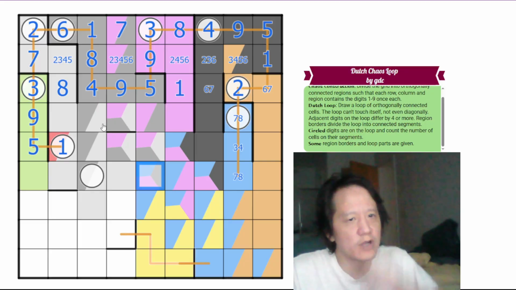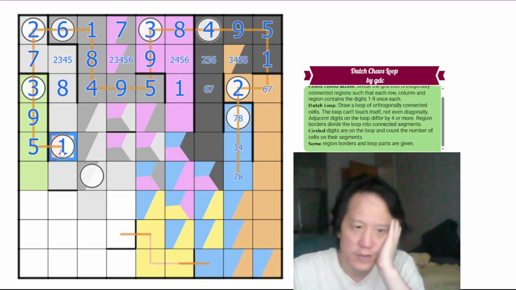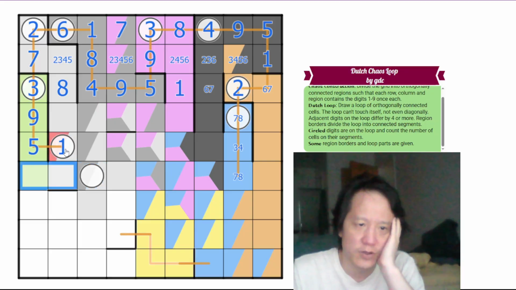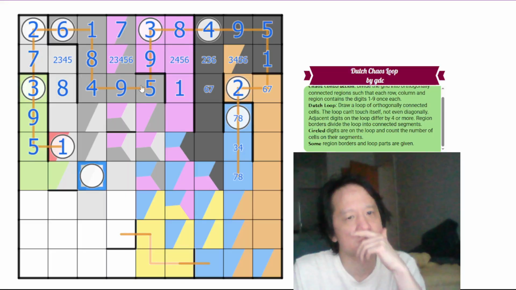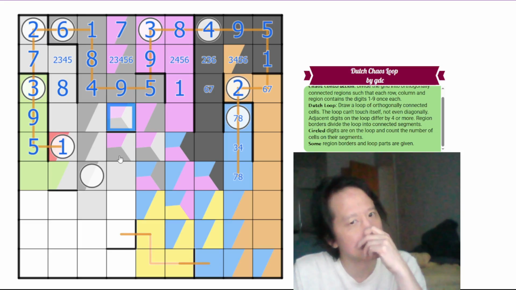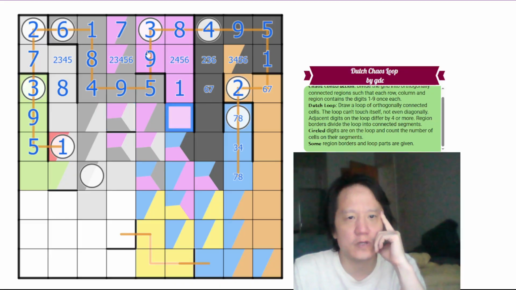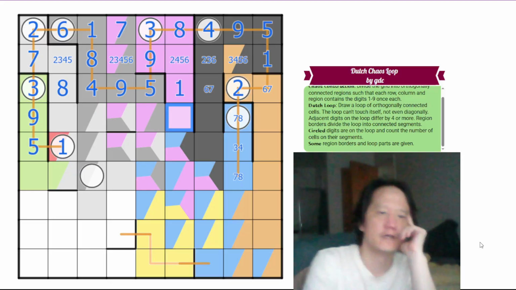Could it be gray? No, because it can't be 1 in the gray. Technically, it could be red. It cannot be green. Green could go here, though. This digit cannot be 1, 3, 8, or 9, so it's 2, 4, 5, 6, 7, possibly.